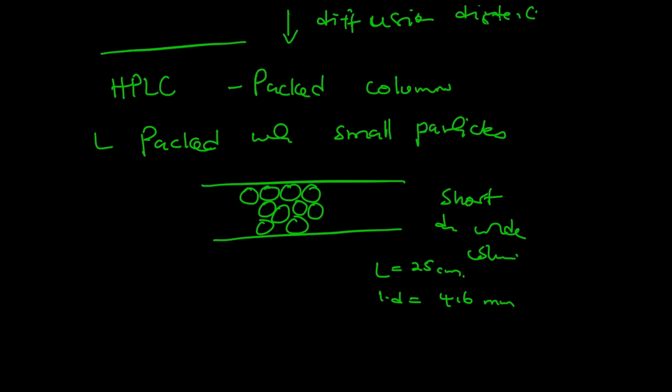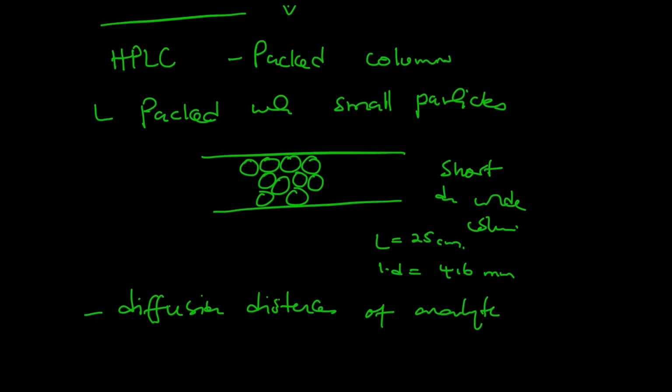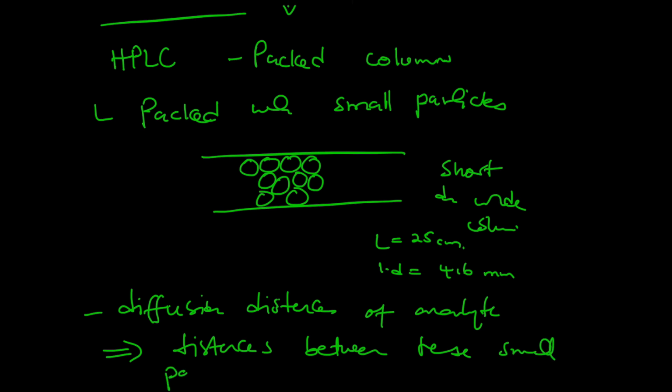As a result of this being a packed column, the diffusion distances of the analyte are actually the distances between these small particles, right? And hence, the particle size gives good efficiency.